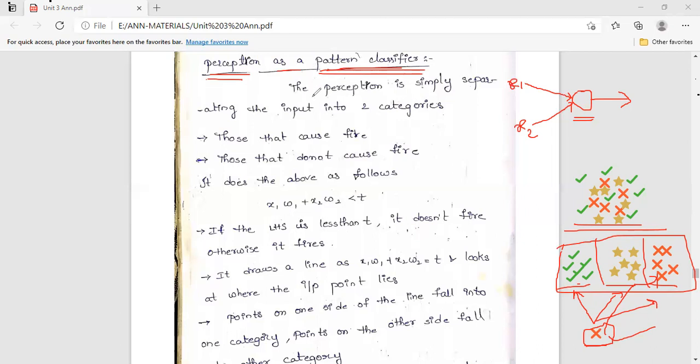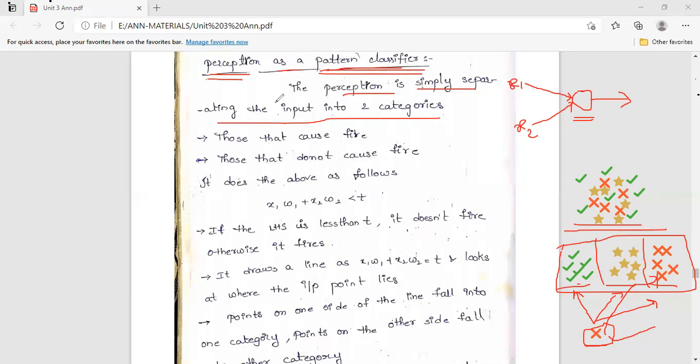The first point is that the perceptron is simply separating the input into two categories.